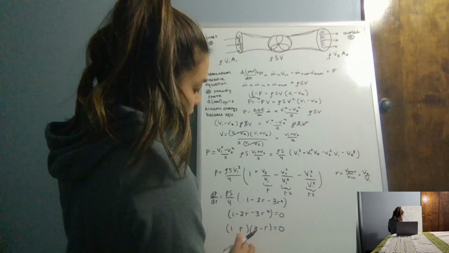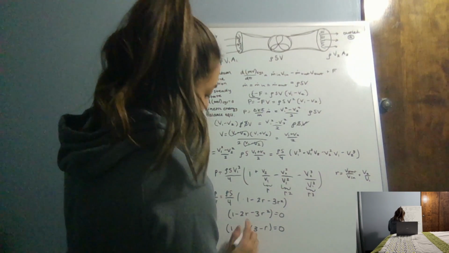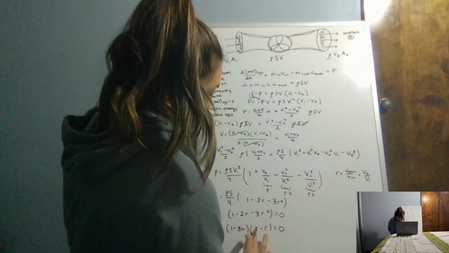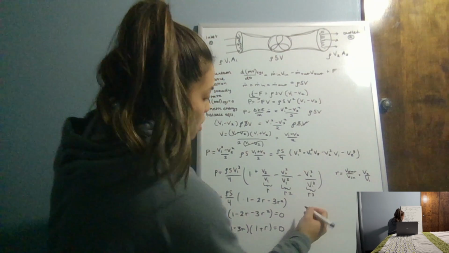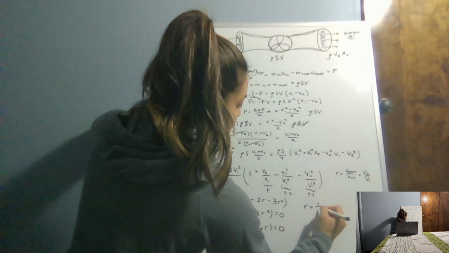It's going to be 1 minus 3r, and then 1 plus r is equal to 0. So that's going to give us r is equal to 1/3.